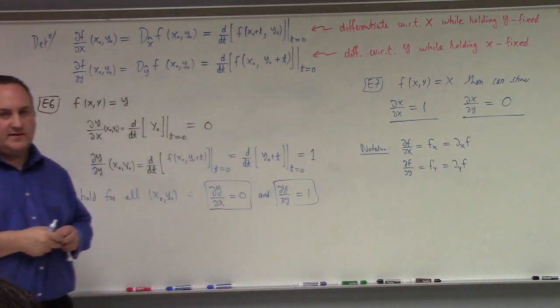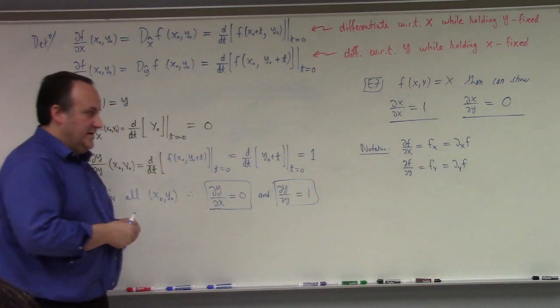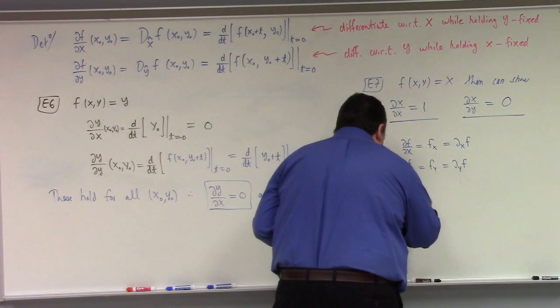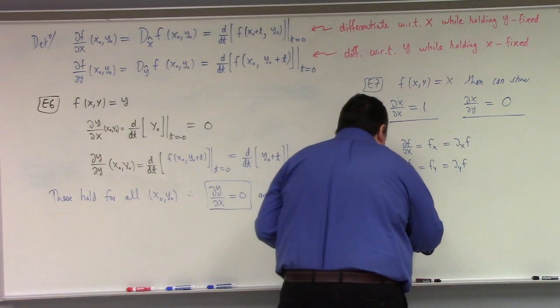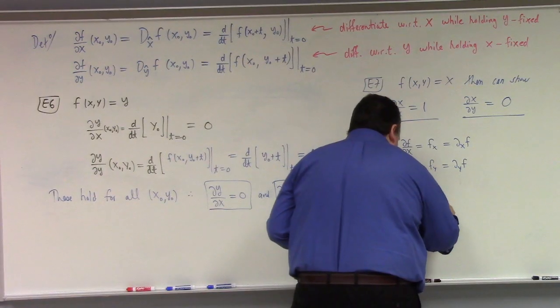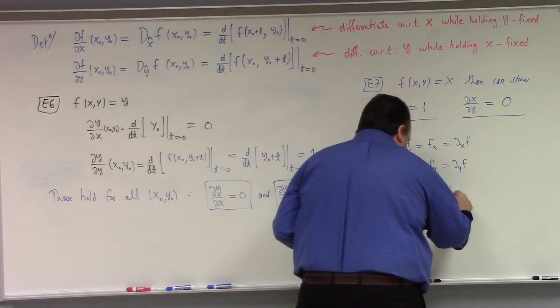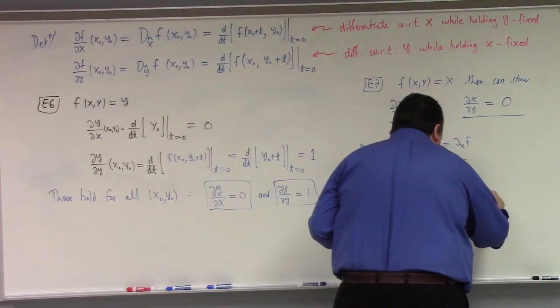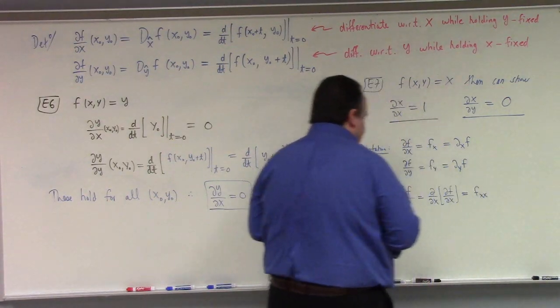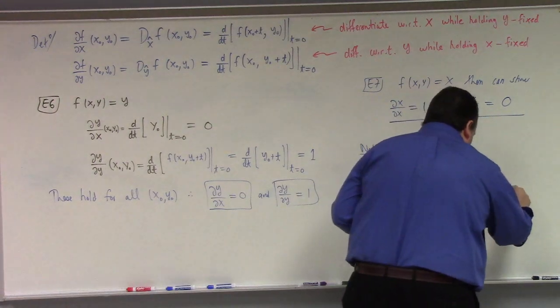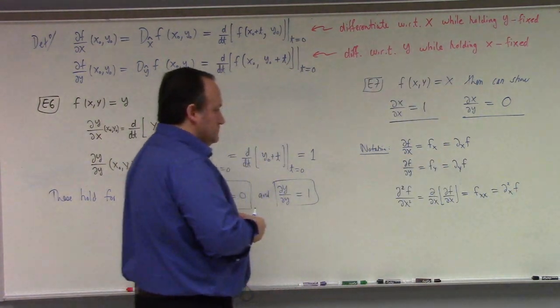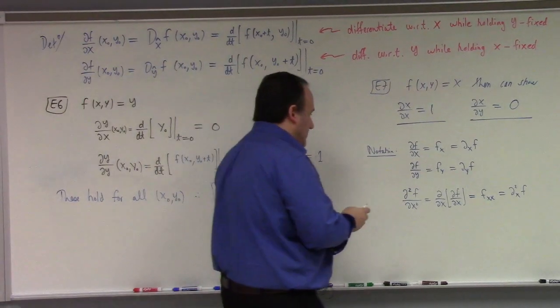If you can do this once, you can do it more times. So we could talk about partial squared f, partial x squared, and that would mean partial x of partial f partial x. And we also use the notation f sub xx for that, or partial squared x of f. This one's a little funny.